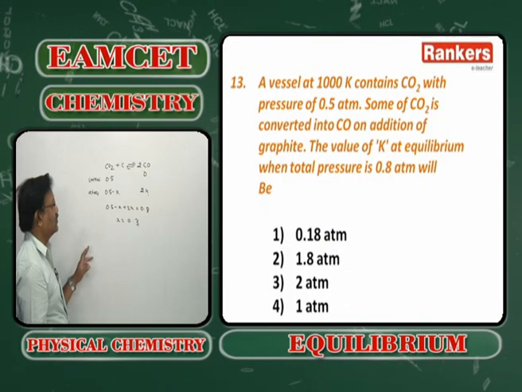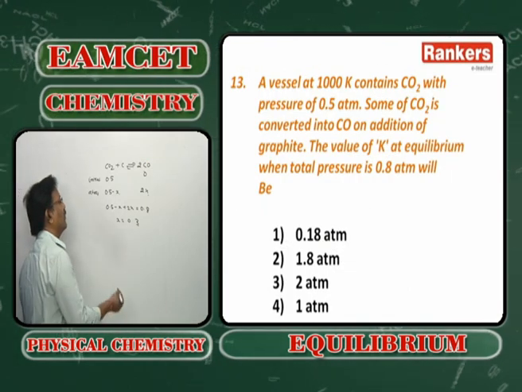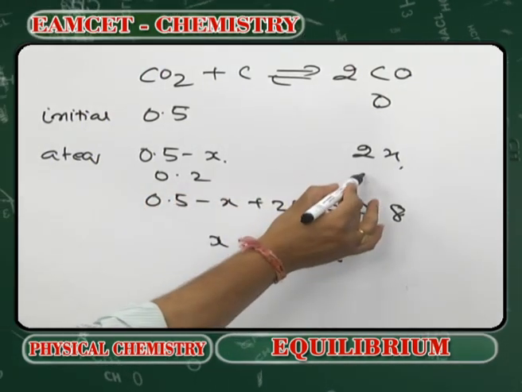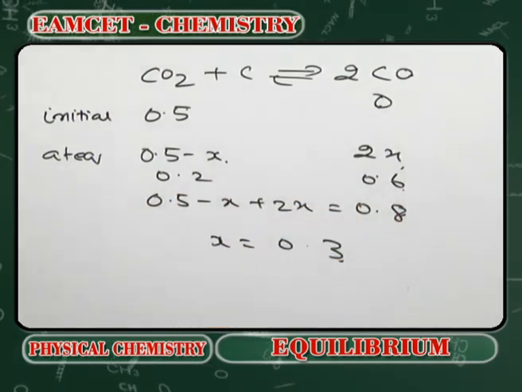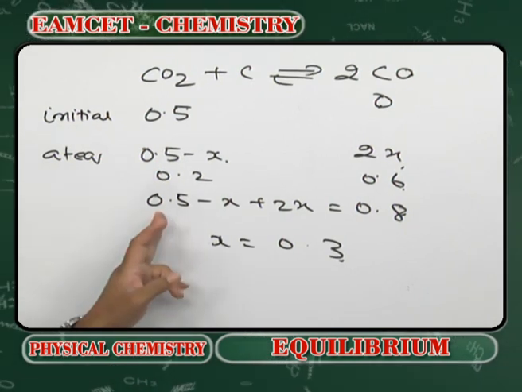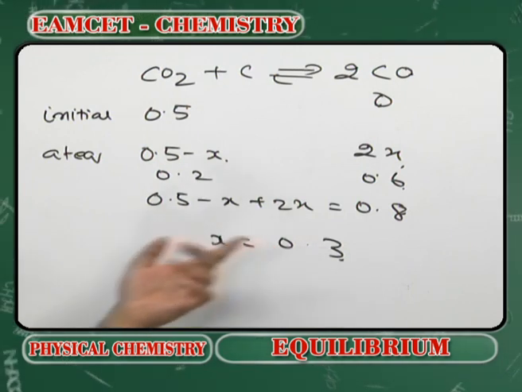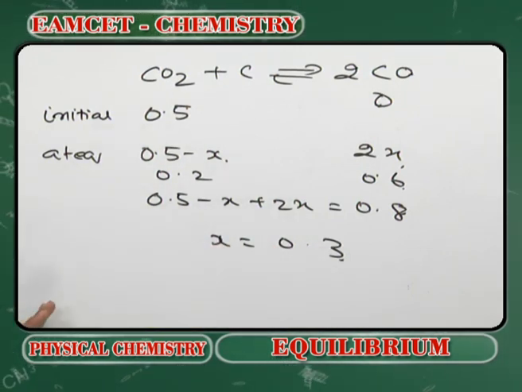Now what will be this? 0.2. And this? 0.6. Indeed 0.5 plus x is equal to 0.8, so x is 0.3.